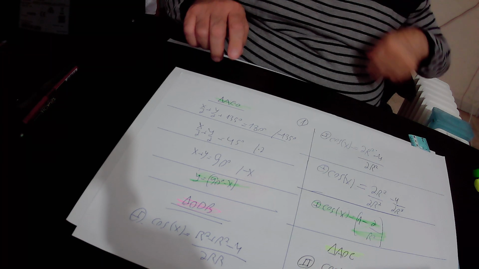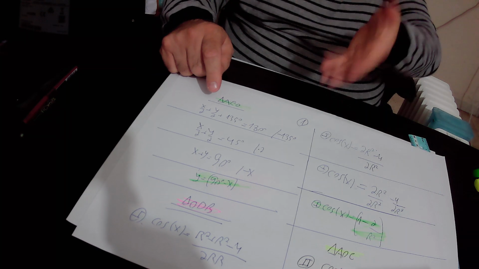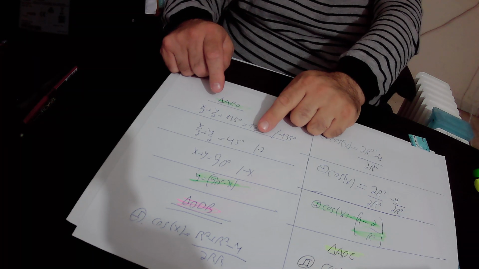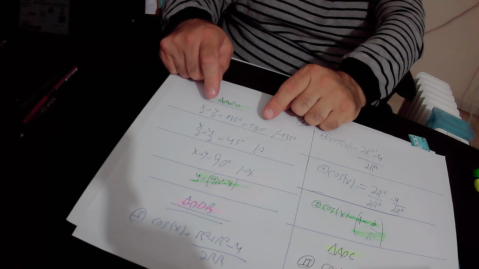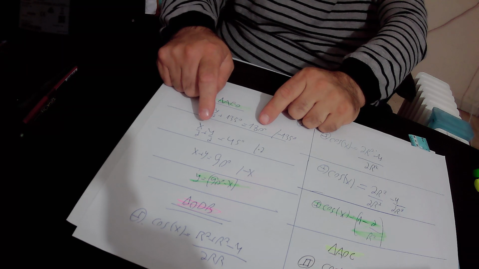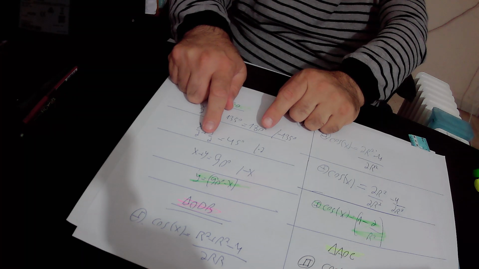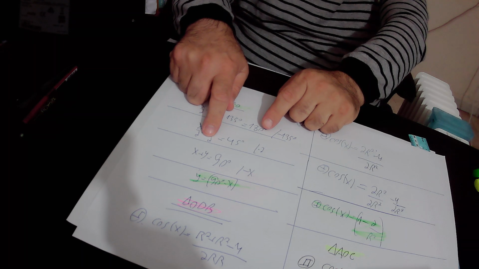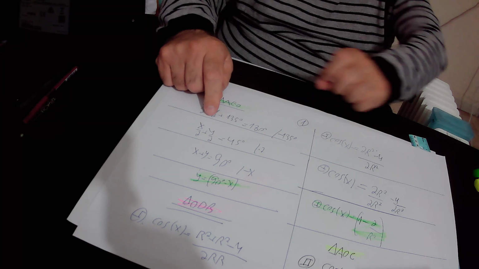So x over 2 plus y over 2 equals 45 degrees. We multiply this equation by 2. 45 times 2 is 90 degrees. x over 2 times 2 is x, y over 2 times 2 is y. So in conclusion, x plus y equals 90 degrees. Then we subtracted x from this equation, and finally we found out that y equals 90 degrees minus x.